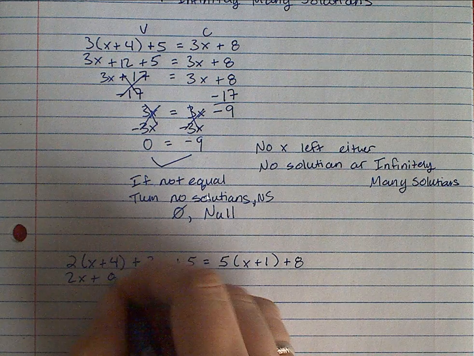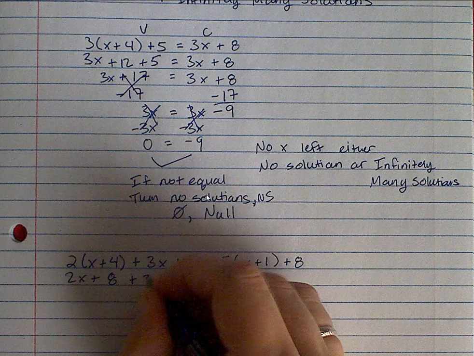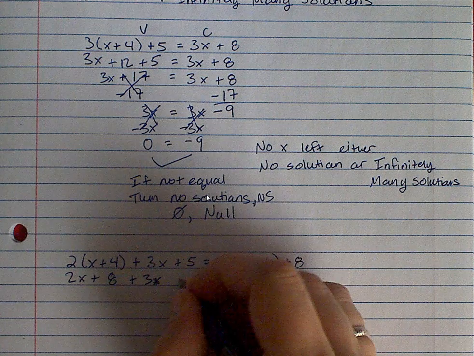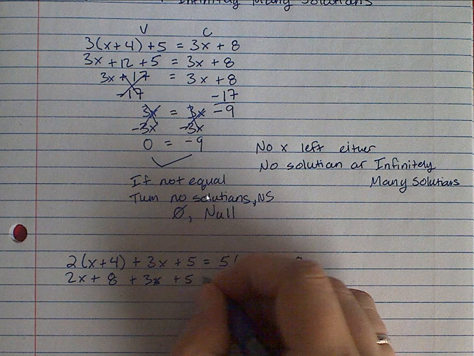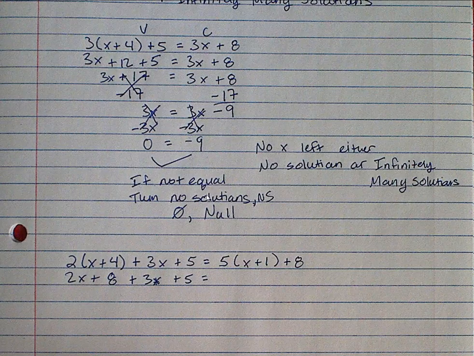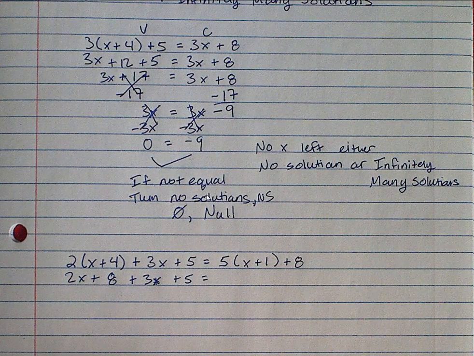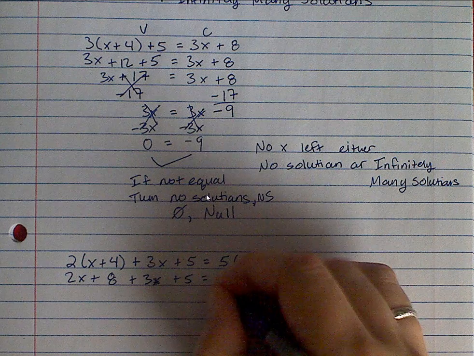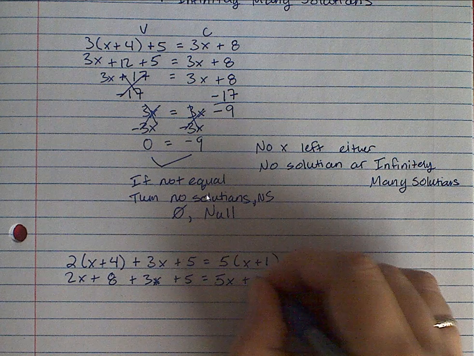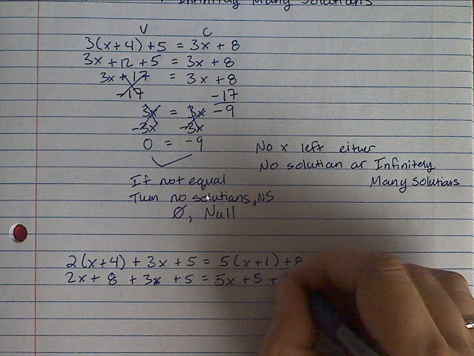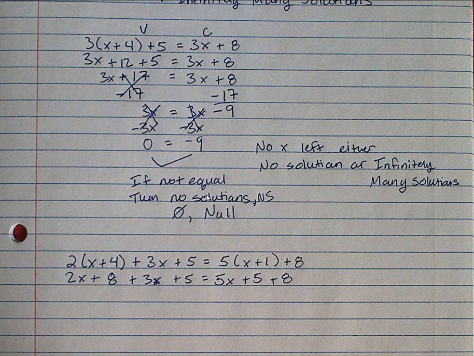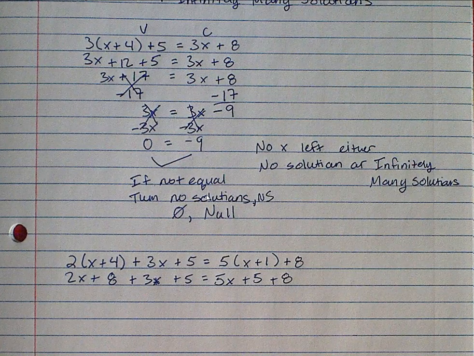And then I'm going to drop down the plus 3x plus 5. Going to drop down the equal to. Now on the right-hand side, what does it look like? 5x plus 5. Great. And I'm going to drop down the plus 8. Awesome. Thank you. All right. So I distributed first, and that's my first step.